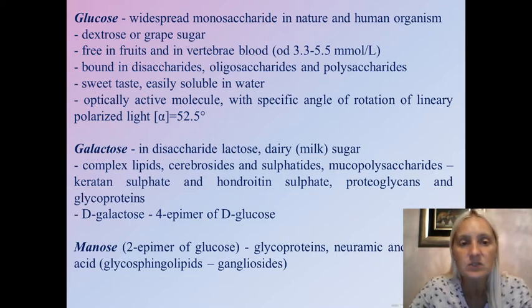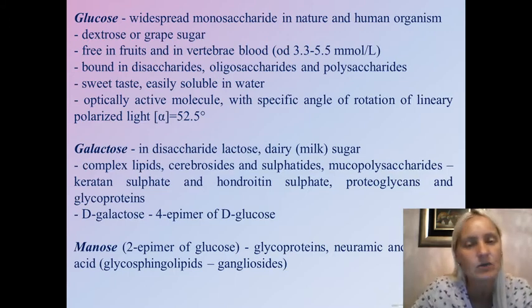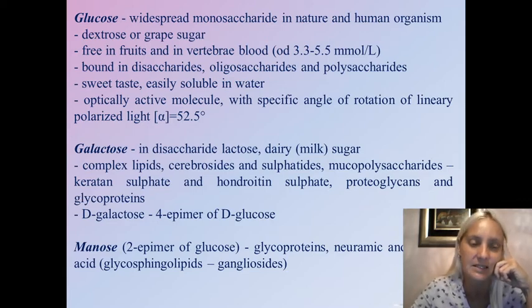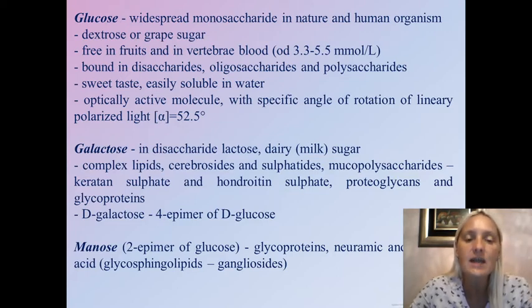It's a component of different disaccharides, oligosaccharides, polysaccharides. It has a sweet taste, it's very soluble in water, about 180 grams of glucose per 100 grams of water. It's an optically active molecule with a specific angle of rotation of 52.5, and we're going to use it for our practical exercises later on.